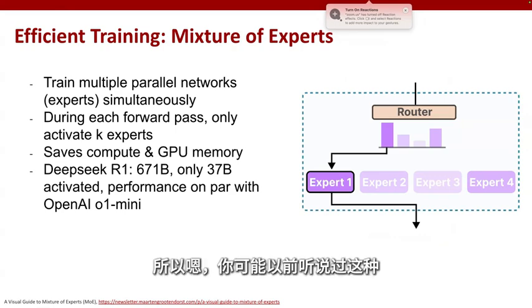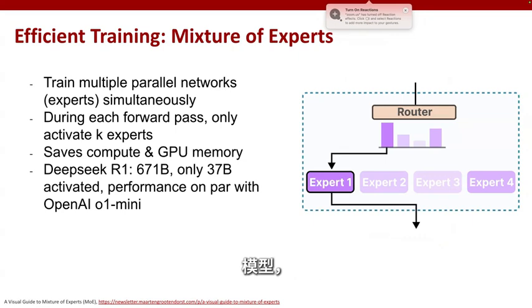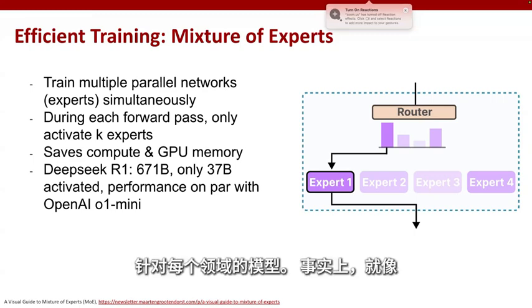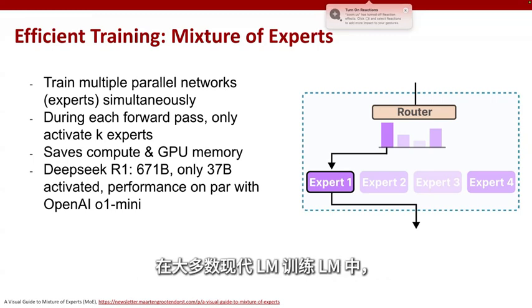So you might have heard of this model before, and essentially the motivation of mixture of experts is not that you have a couple of models that specialize in each domain. In fact, in most modern LLM mixture of experts models, the experts are not very interpretable.